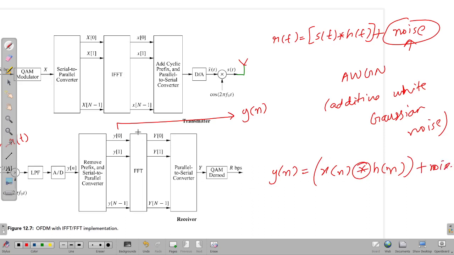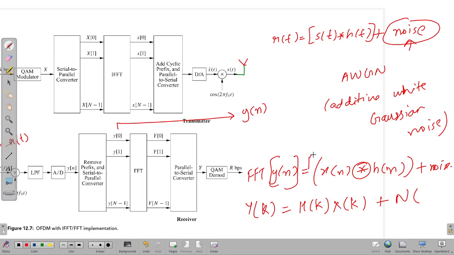When you take the FFT on both sides, I'm taking the FFT of y of n as well as the FFT of the RHS also.